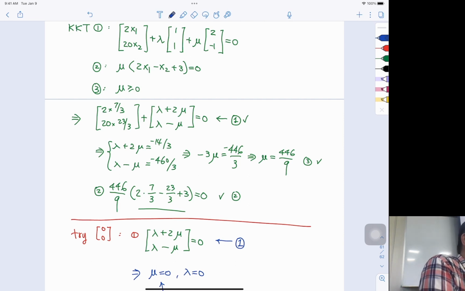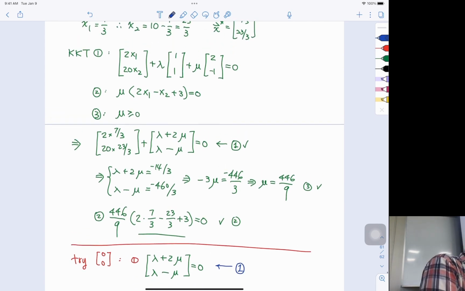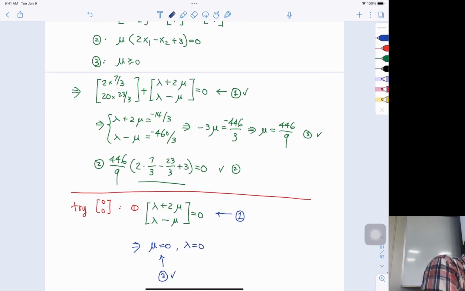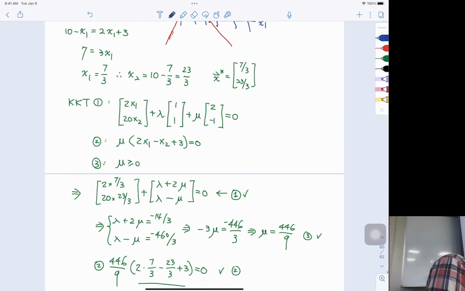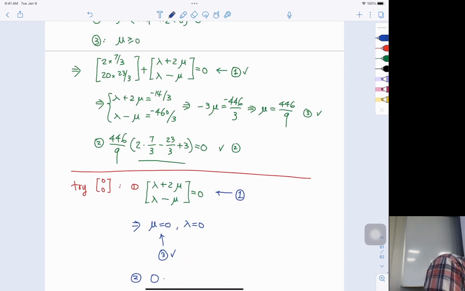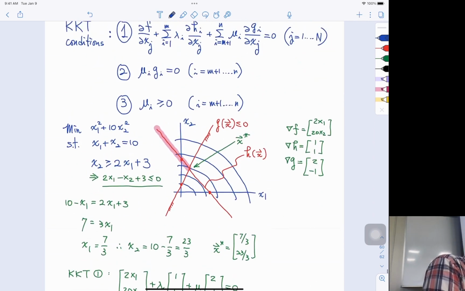Yeah? You found it? Why? You mean the point? Yeah, you're right. But the KKT didn't ask us to check G, right? It doesn't satisfy H, it doesn't satisfy G. But the KKT condition didn't ask us to do that.